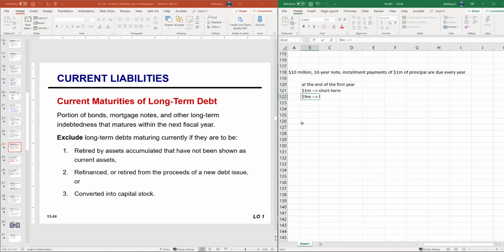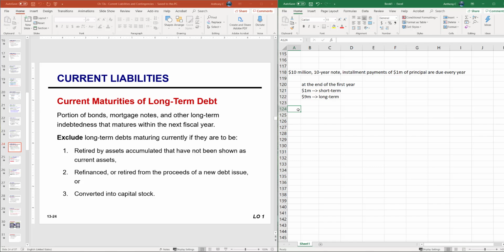And the other $9 million, because it's not due within the next year, will be considered long term. Generally we'll go through this process with every long-term debt: take the currently maturing portion, classify it as a current liability.